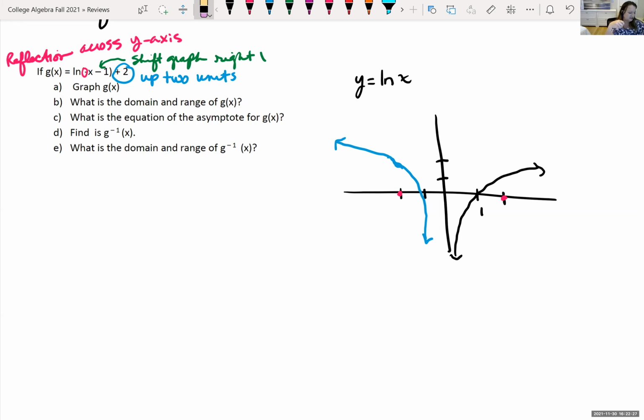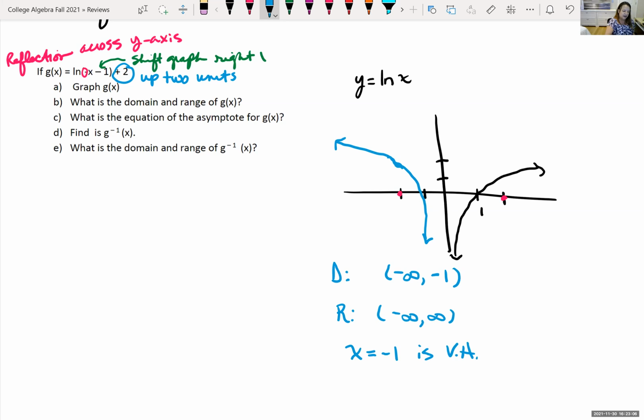When we shifted it to the right one, that was 1, but now we reflected it, so that's negative 1. So the domain is from negative infinity to negative 1. The range is all real numbers, negative infinity to infinity. The asymptote is x equals negative 1, the vertical asymptote.